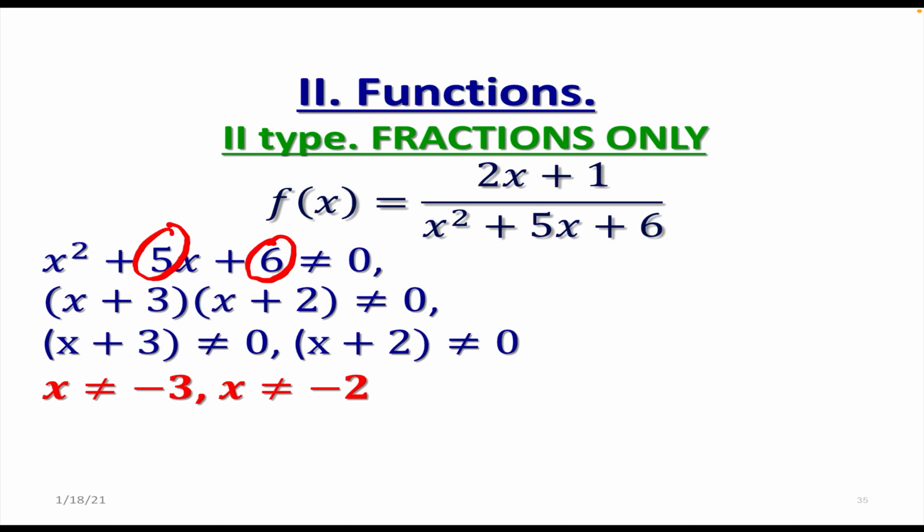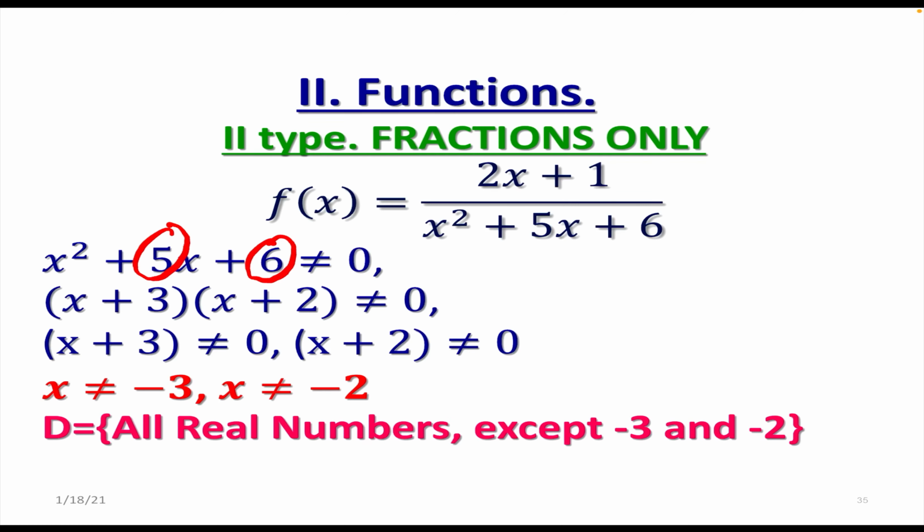Now, these two values make your denominator equal to 0, so these two values have to be thrown out. If you plug negative 3 and negative 2 into your fraction, you will get that your denominator is 0. So these two numbers create this division problem.